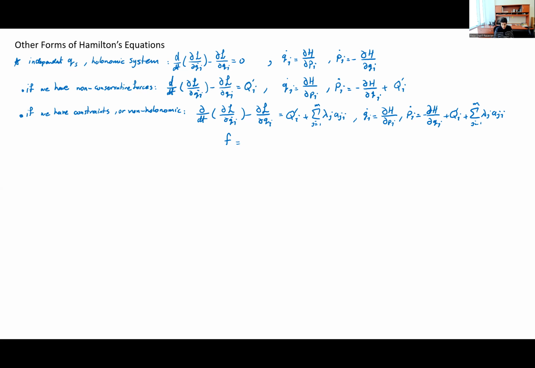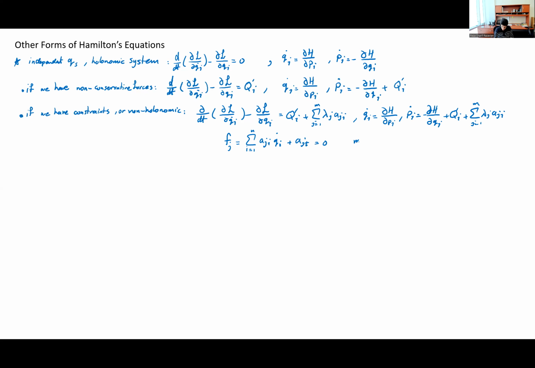The constraints are f j equals the sum over i from 1 to n of a ji q dot i, plus a jt, equals 0.